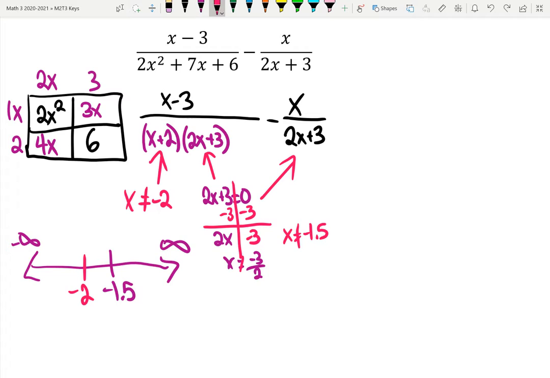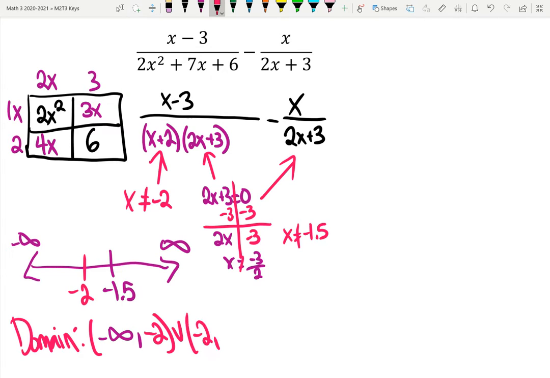My domain for this guy is going to be, left to right, negative infinity to negative 2, union negative 2 to negative 1.5. I'm going to actually write it as a fraction. Union negative 3 halves, comma, infinity.